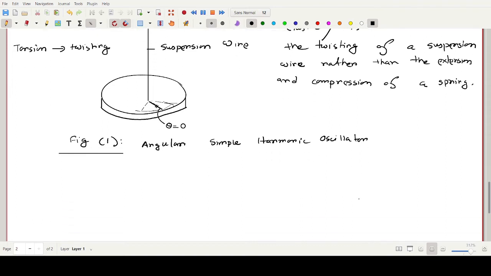When you take the disc to some position and release it, the disc rotates towards the equilibrium position. Whenever an object rotates, there is a torque, and as in the spring mass system, the torque here is called the restoring torque.